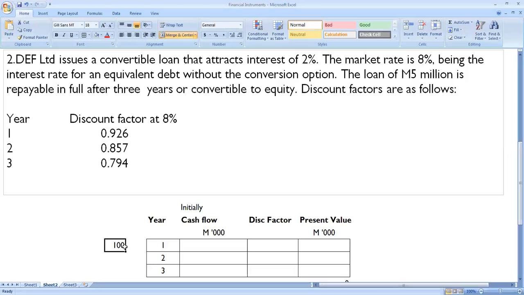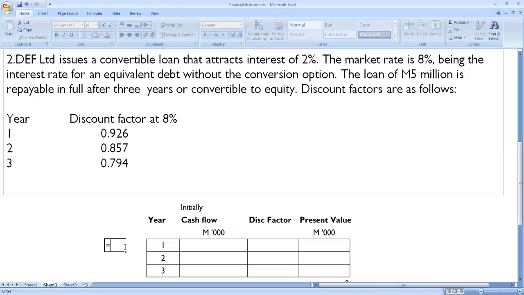To get the debt element, we get the present value of our future cash flows discounted at the rate assuming non-conversion.